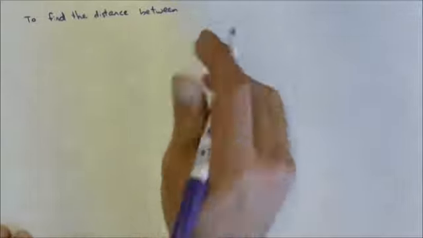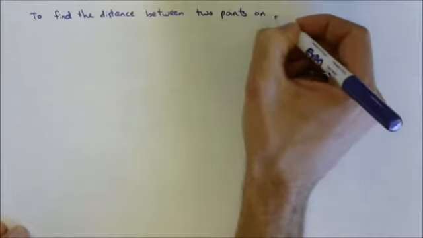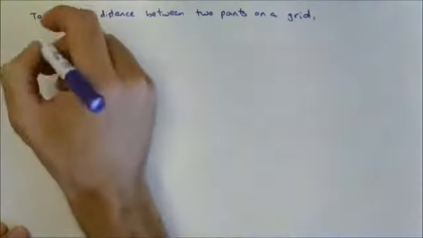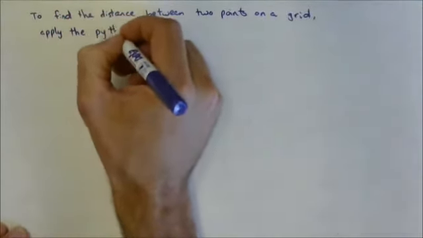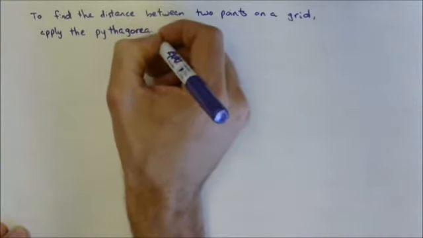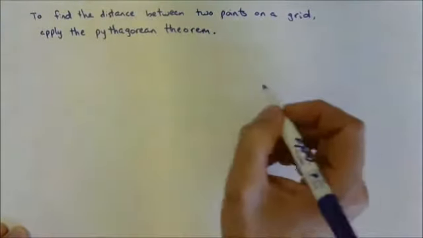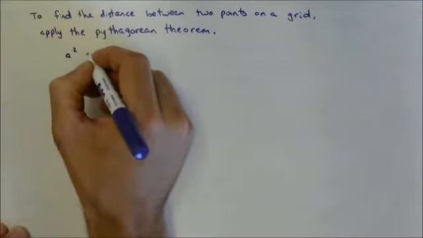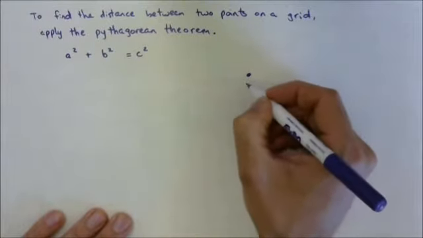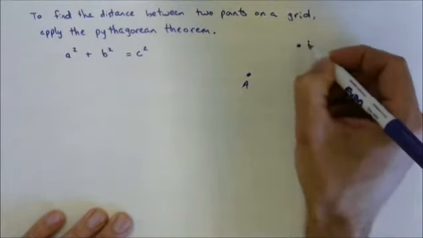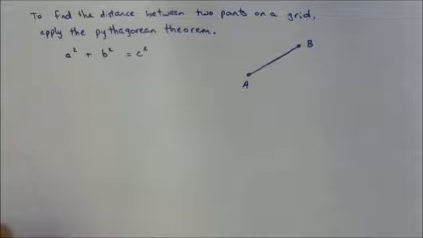To find the distance between 2 points on a grid, apply the Pythagorean theorem: a squared plus b squared equals c squared. I'm just going to draw over here a situation that we might use this in.